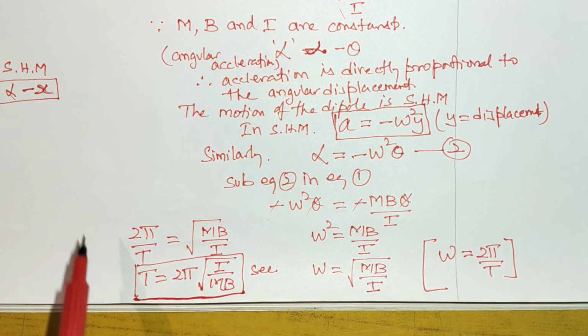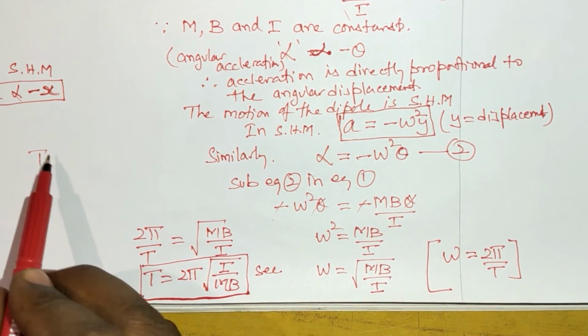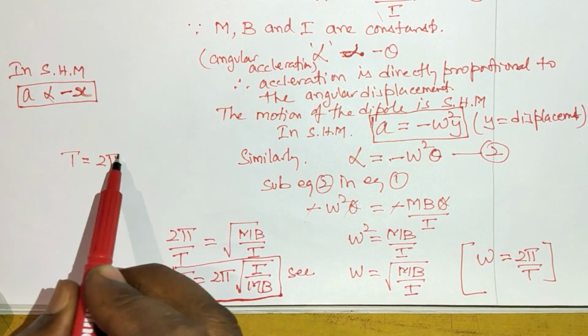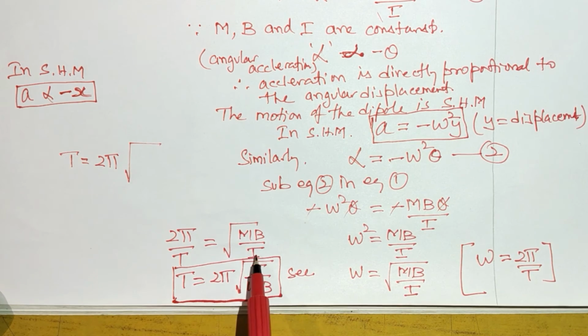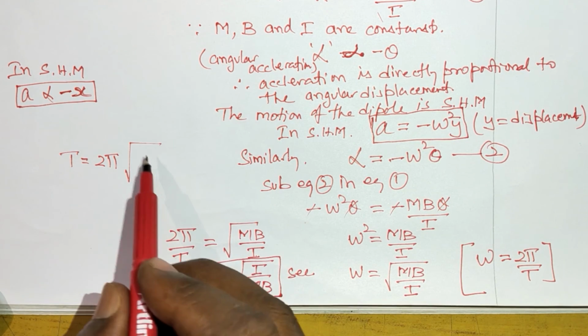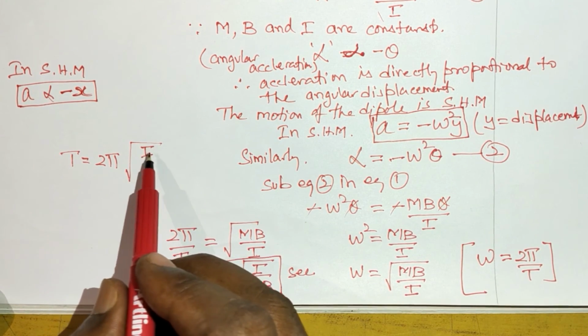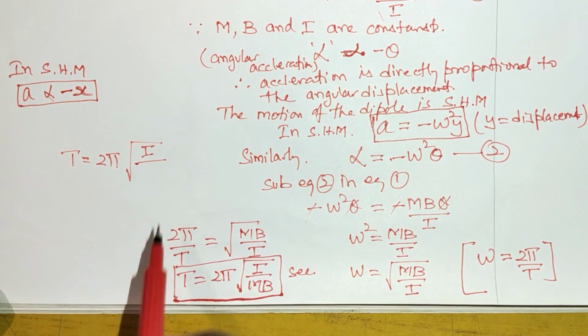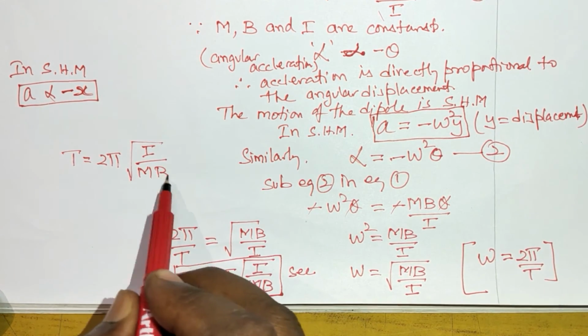I will write it again here. T is equal to 2 pi square root of moment of inertia by M into B.